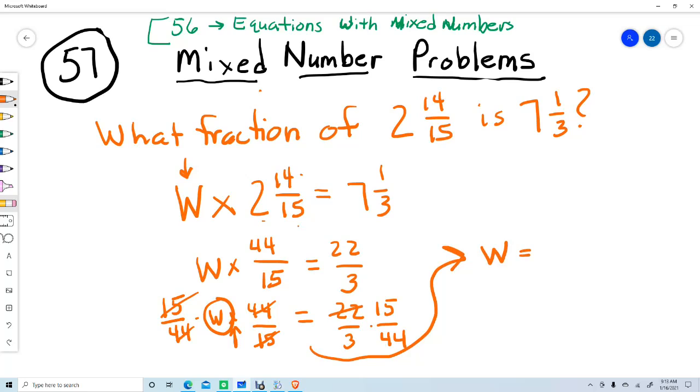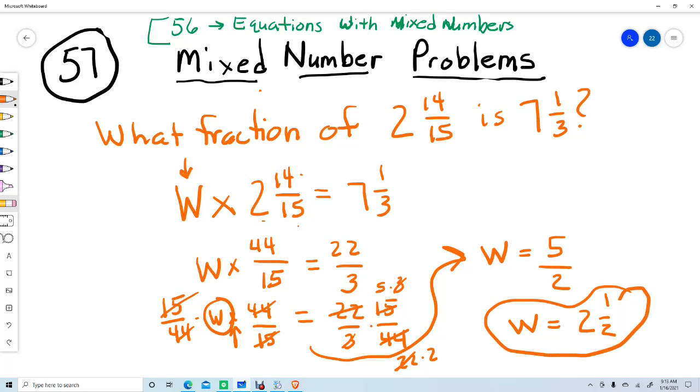This is going to be 22 over 2, and those will cancel. This is 5 times 3, so those cancel, and I am left with 5 over 2. If I want to simplify that all the way, that's 2 1/2. That's my answer there.